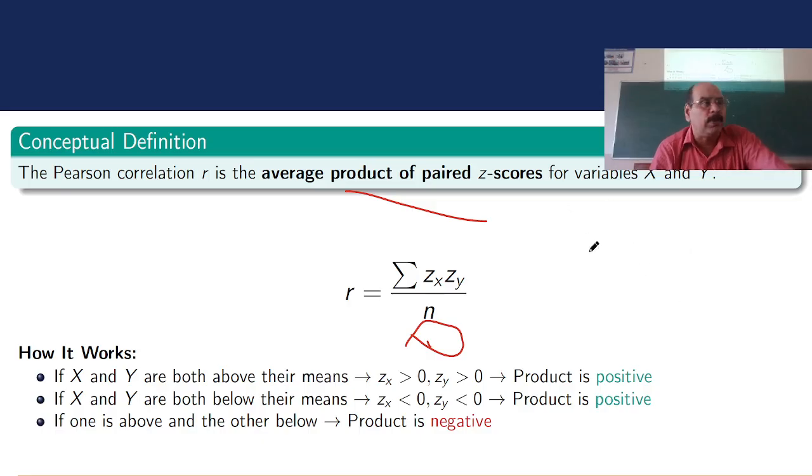For each value, you find out the z score, you multiply both the z scores and divide by the total number of observations.